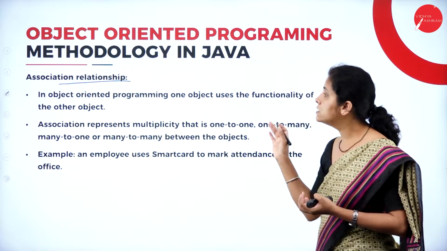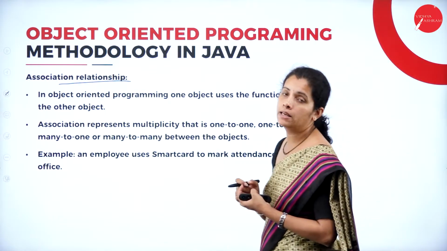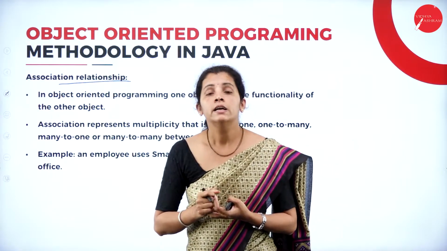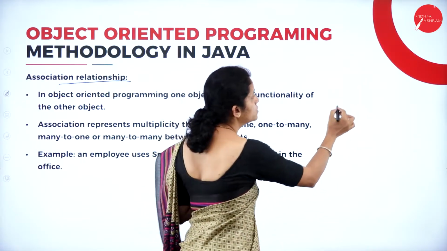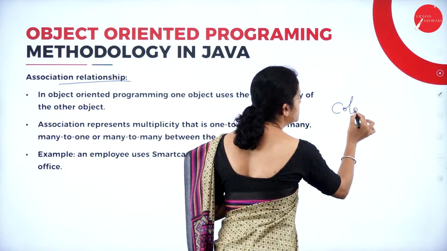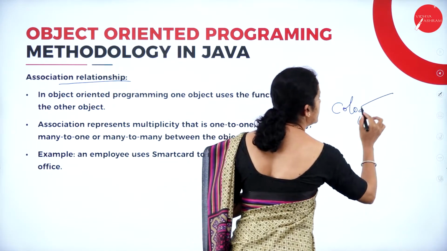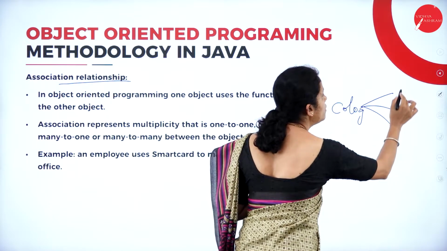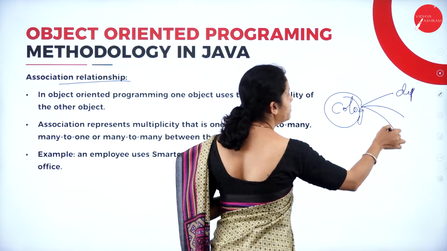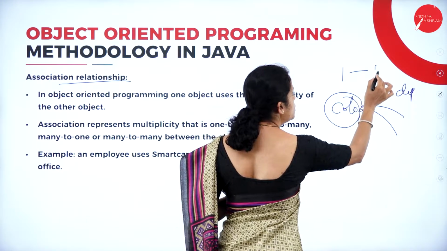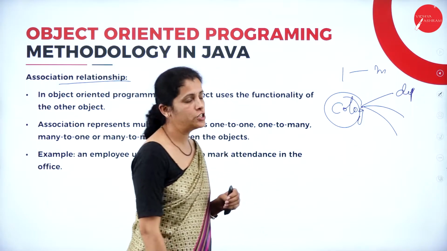Let me consider one simple example here, in one college. So one college has n number of departments. So one college, n number of departments, is a one to many relationship.